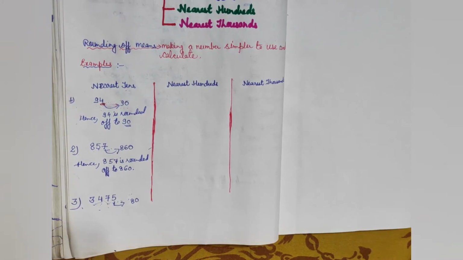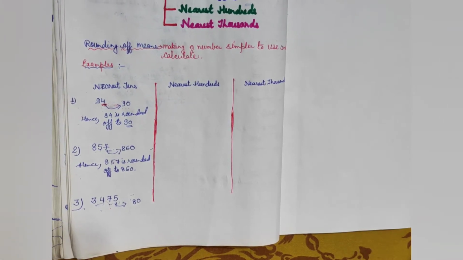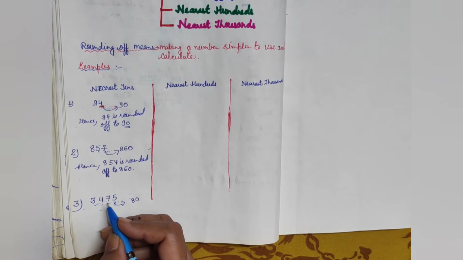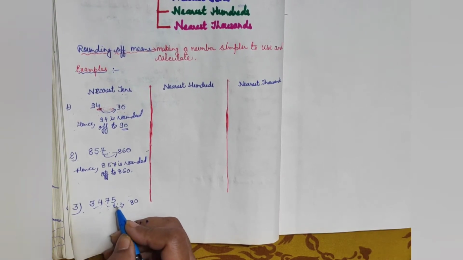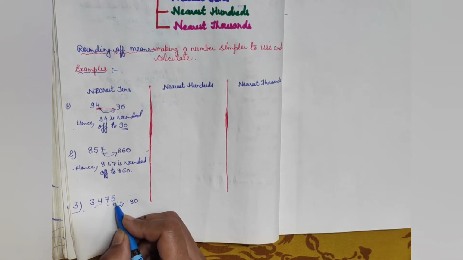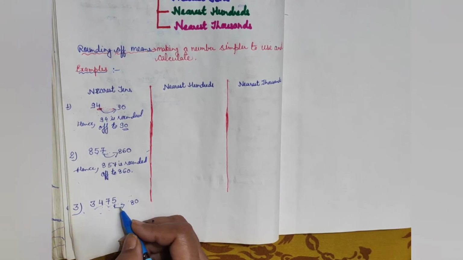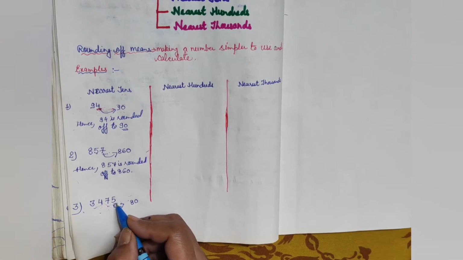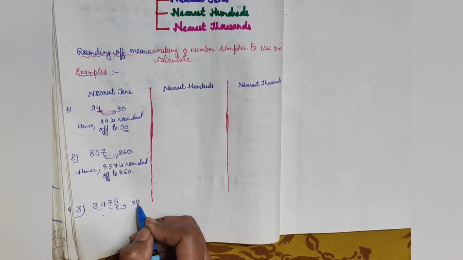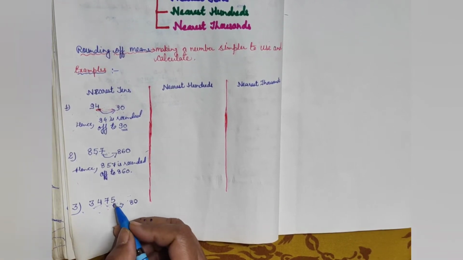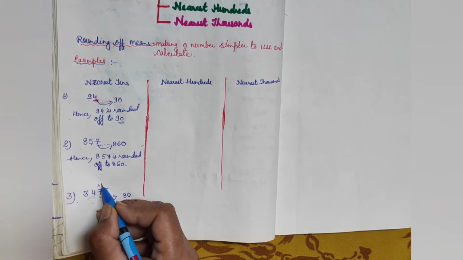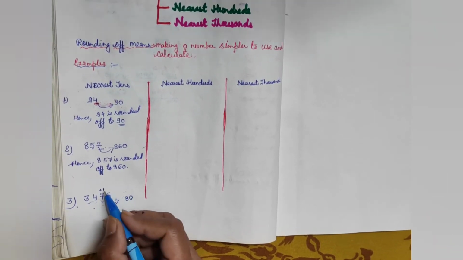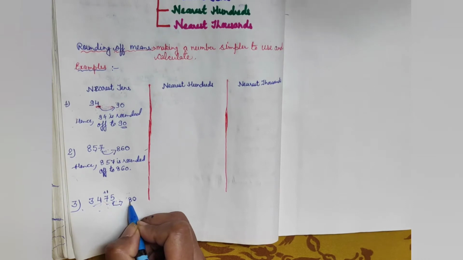So here in 3475, at ones place we replace 5 by 0 and increase 1 to tens place, that is 7 plus 1 is equal to 8.